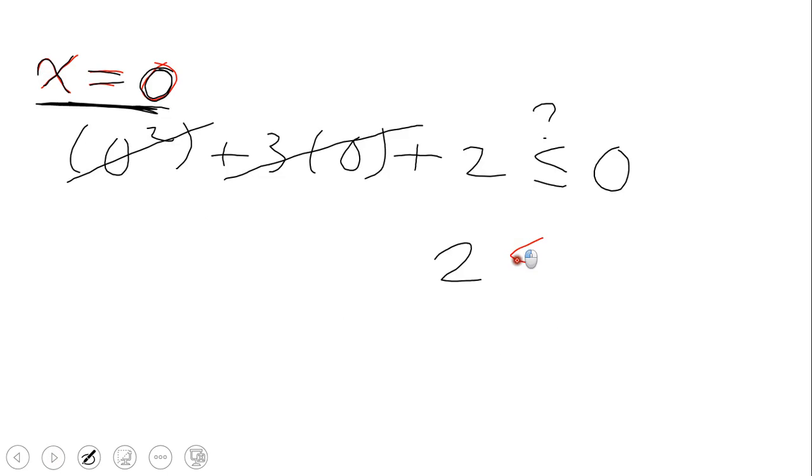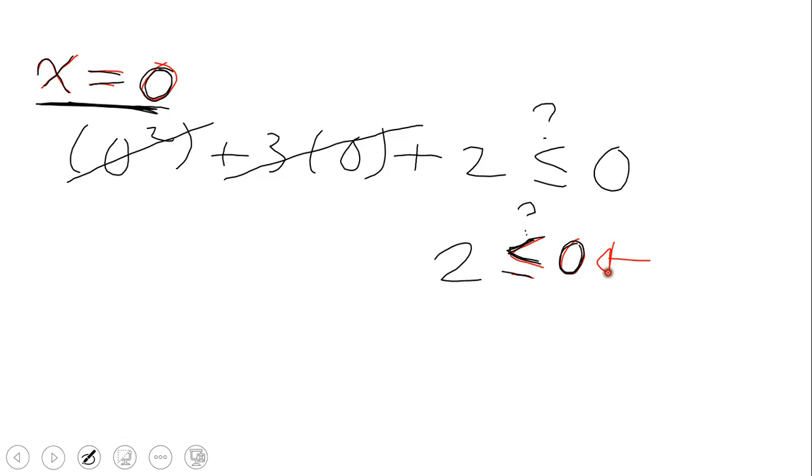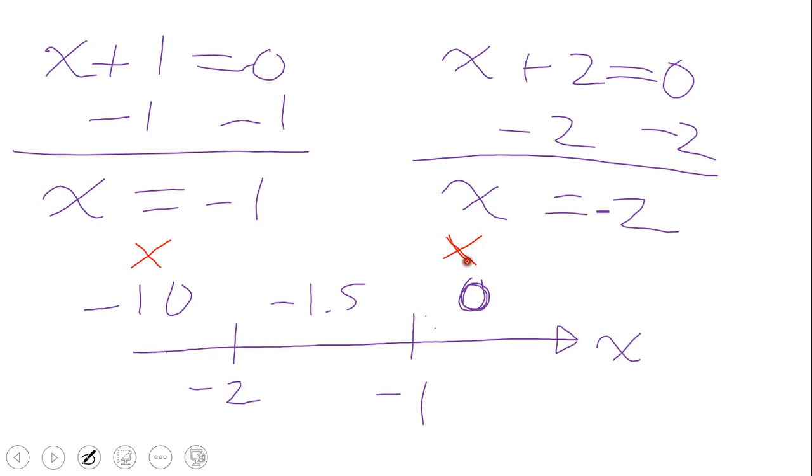So basically 2 less than or equal to 0 is false. So again, this region is going to fail.